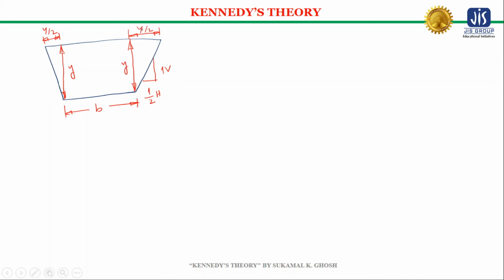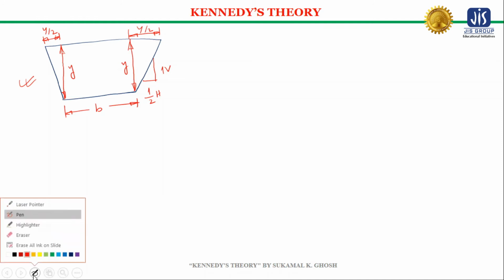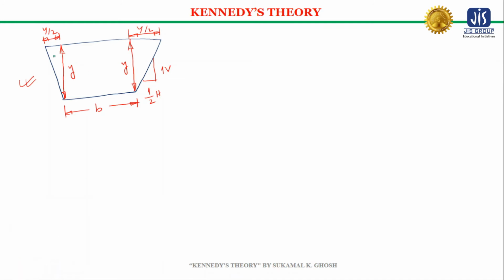Now if you consider this particular cross section, and if you want to calculate the wetted perimeter of this cross section, you may observe that this length, which is marked by this green color, is the wetted perimeter of this section.